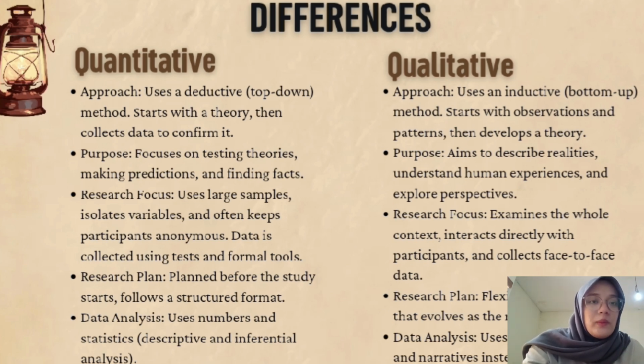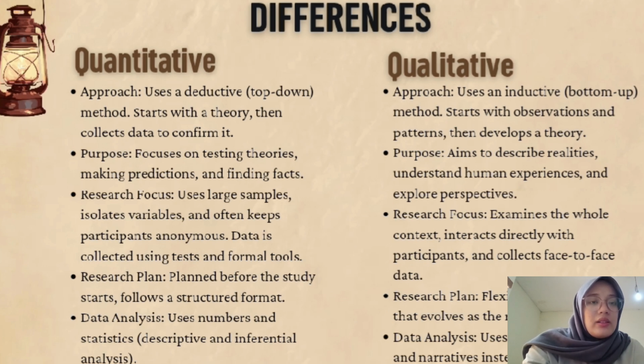And the next difference we can see from the research focus. The quantitative uses large samples, isolated variables, and often keeps participants anonymous. And then data is collected using tests and formal tools. While qualitative examines the whole context, interacts directly with participants, and collects face-to-face data.